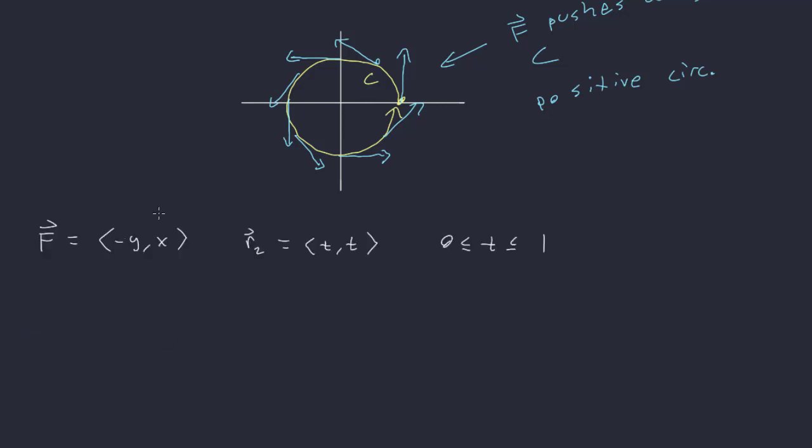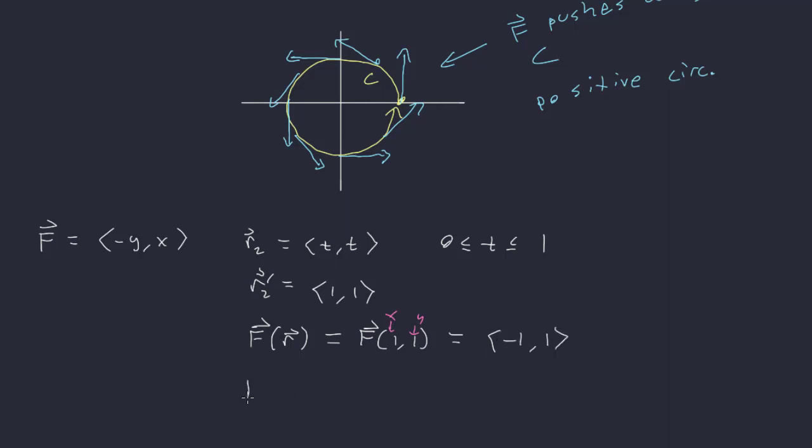All right, so for path 2 here, we have the same vector field. Path R2 is t comma t, and we've done this enough now that r prime of 2 is going to be just 1, 1. F of r, in this case, is going to be f of 1, 1, and thankfully here it doesn't change that much because x is 1, y is 1. All right, so we'll end up with just -1, 1.